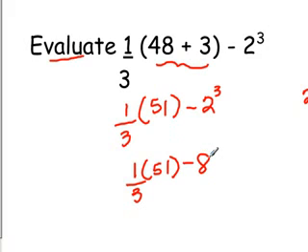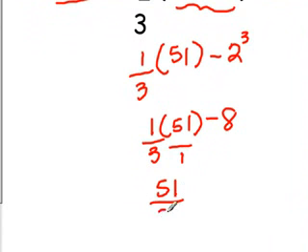My dear means to multiply or divide. Now sometimes people get confused. 1/3 times 51, if I put my 51 over 1, is the same thing as having 51 over 3, because I just multiplied straight across. 1 times 51 is 51. 3 times 1 is 3. 51 over 3 is now a division problem.